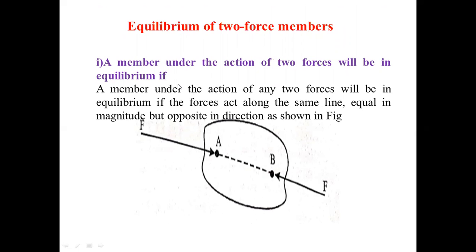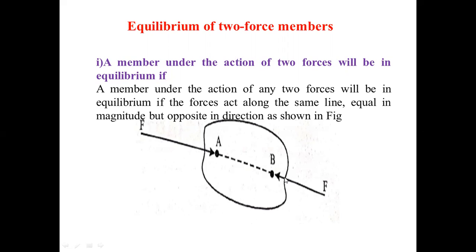There are some conditions. A member under the action of any two forces will be in equilibrium if the forces act along the same line. For example, if we take this as F1 and this as F2, F1 and F2 are acting in the same line, shown here as a dashed line.